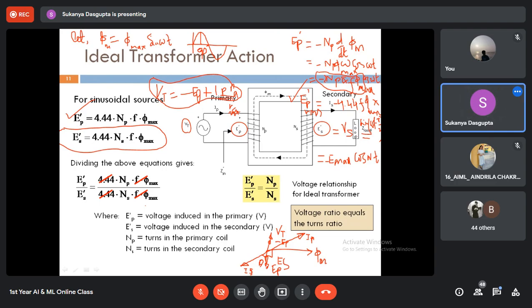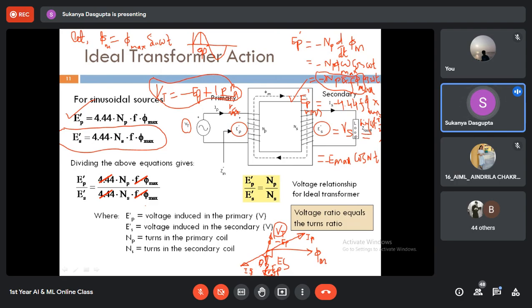That means the phasor of Vs will also be in phase with EP and Es as well, right? So you can see this is your primary voltage phasor and this Vs is the secondary voltage phasor. They are exactly 180 degrees out of phase with each other. Can you see this?